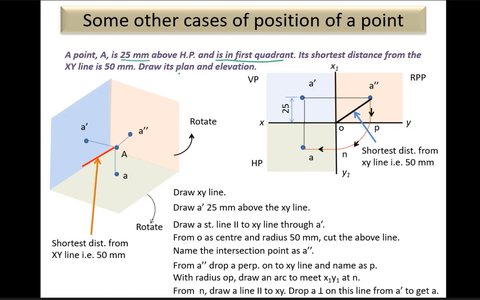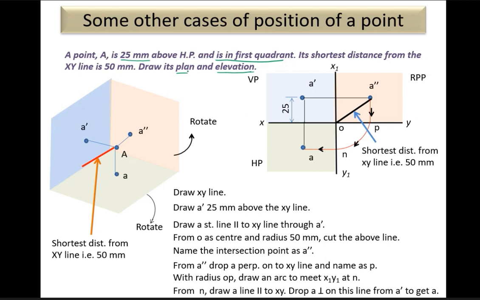What is plan and elevation? These two terms you should know. In many books, you'll get this kind of language. Instead of saying draw its projection, top view and front view, they can also call them plan and elevation.